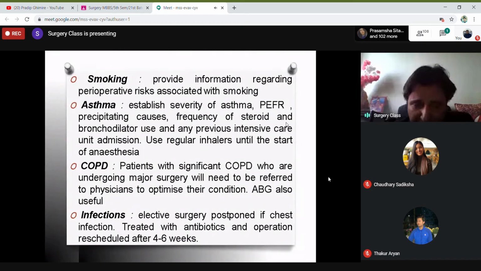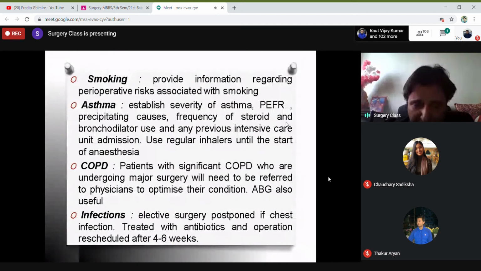But infections, if you see some chest infections, they are treated with antibiotics and the operation is rescheduled after 4 to 6 weeks, because if the patient has a chest infection and has to undergo an elective surgery, it is not possible, okay? Because this will give rise to post-operative complications.